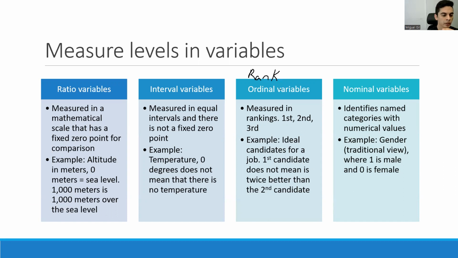Now, if I tell you I am number 1 and I am the oldest of my friends. I am 1 because I am the oldest. Then Juan is the second oldest, so he's number 2. And then my friend Jose is the number 3, the third oldest, so he's number 3.